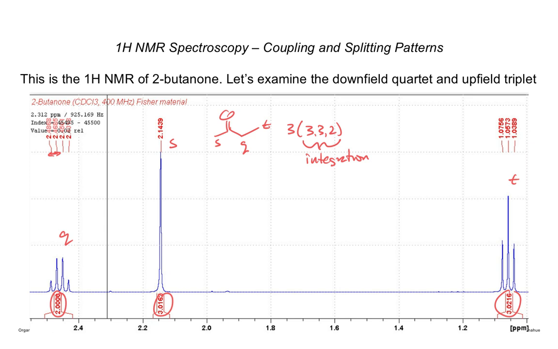It will change, as we'll see a little bit later on in this screencast, but for the quartet coupled to the triplet, and in the reverse manner, the triplet coupled to the quartet, that line spacing is the same. And so again, that's called the coupling constant. And it's reported as J.